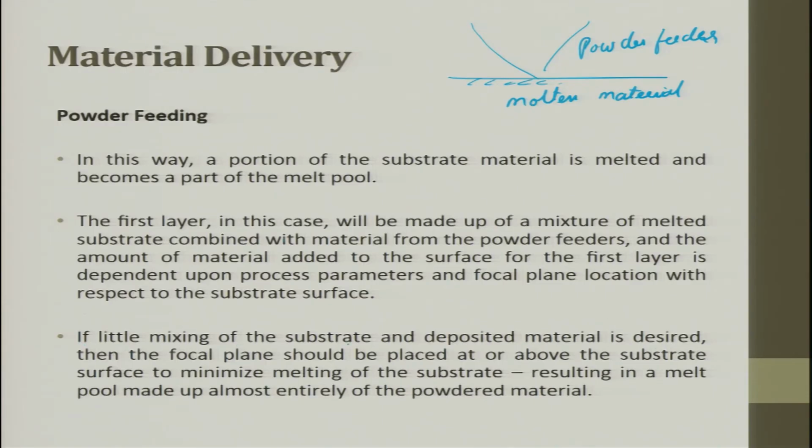If little mixing of the substrate and deposited material is desired, then the focal plane should be placed at or above the substrate surface to minimize melting of the substrate, resulting in the melt pool made up almost entirely of the powdered material. So it is just playing with the focal plane and depositing layers.